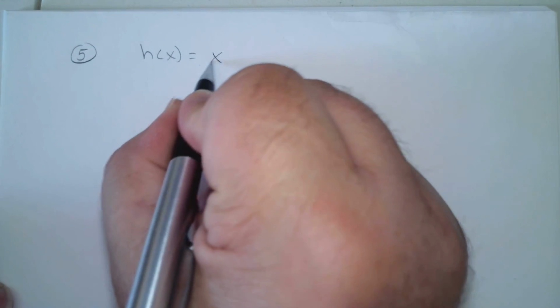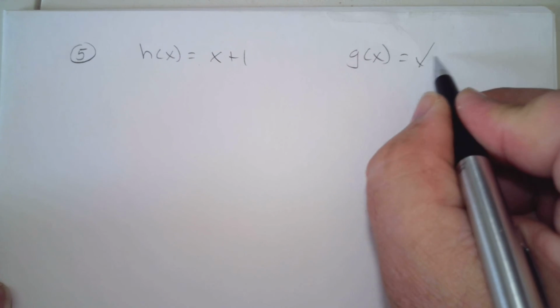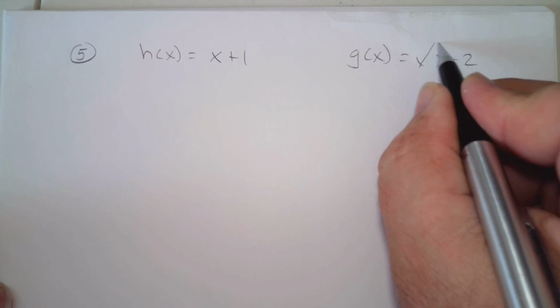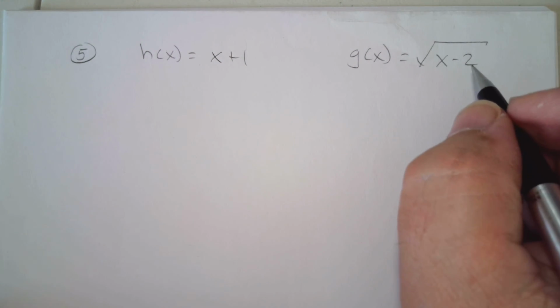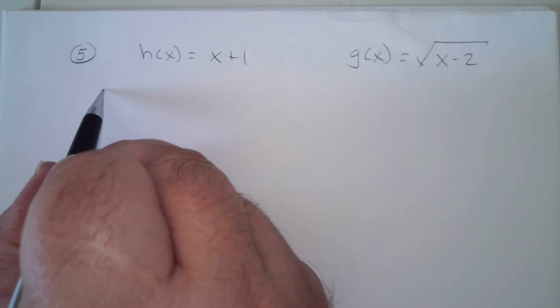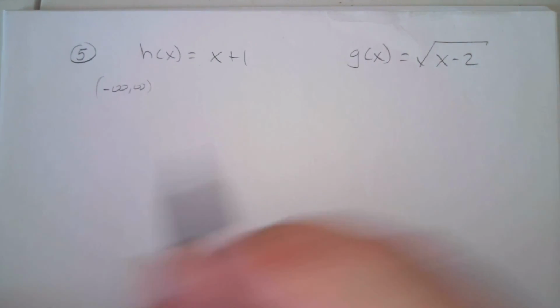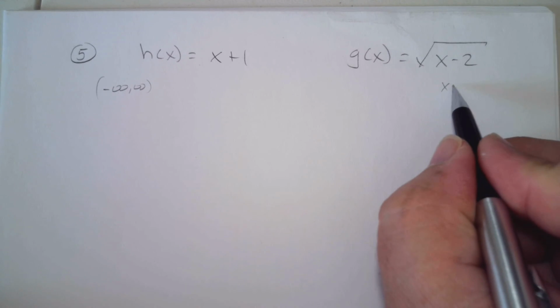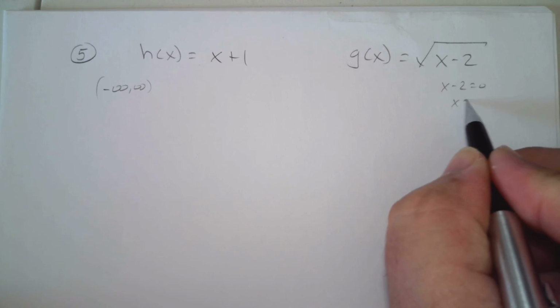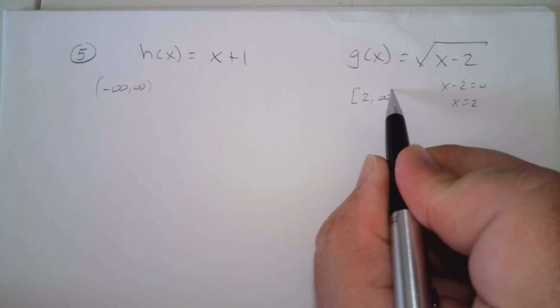h of x is x plus 1. g of x is square root of x minus 2. And talk about the domains. Remember, this is linear, so the domain is from negative infinity to positive infinity. So I can use any x's there. But this one starts at 2, goes to infinity.